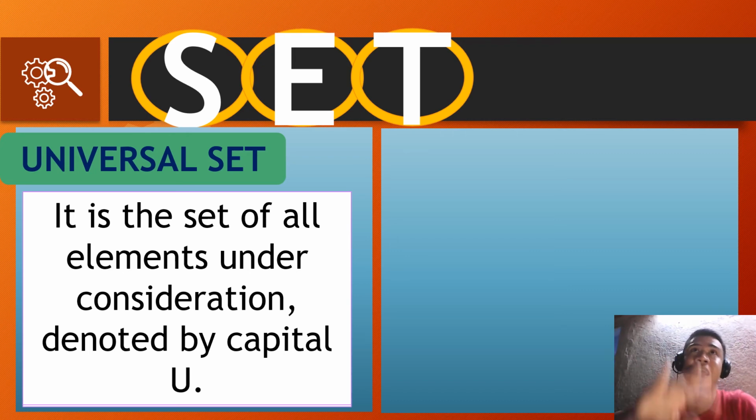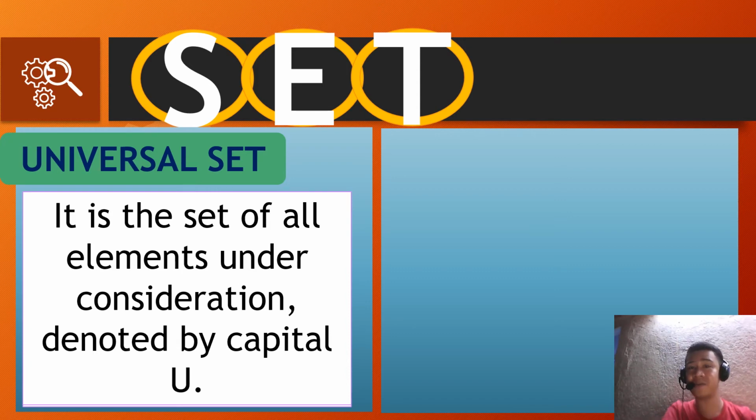Ibig sabihin, lahat-lahat ng interesting part is what? Is napaloob sa universal set. So think of a universal set as the big picture. It includes everything under consideration or everything that is relevant to the problem we have.